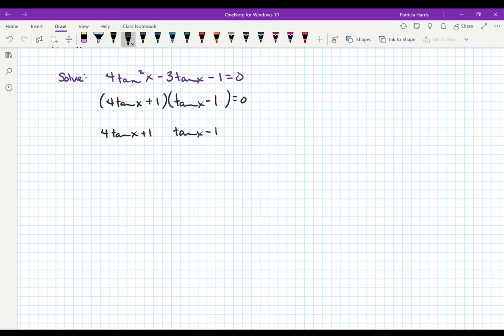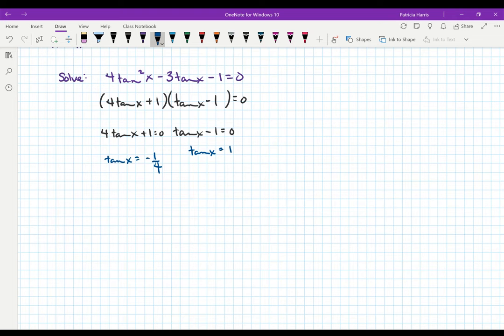And I'm just going to solve as normal. Okay, so I get tangent of x is equal to 1, and then tangent of x is equal to negative 1/4. Okay, so this is where it becomes a little interesting.